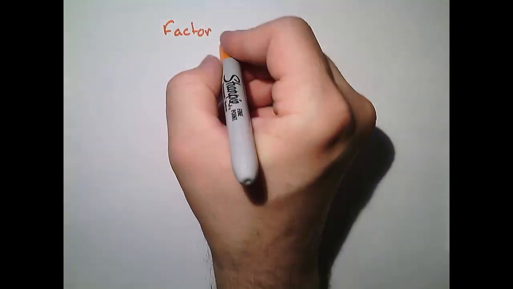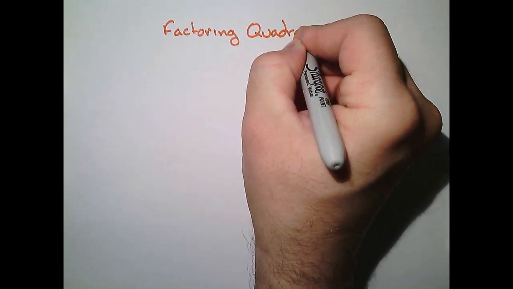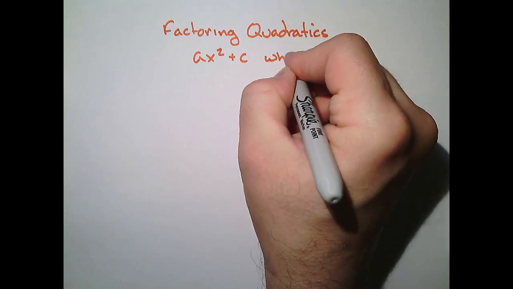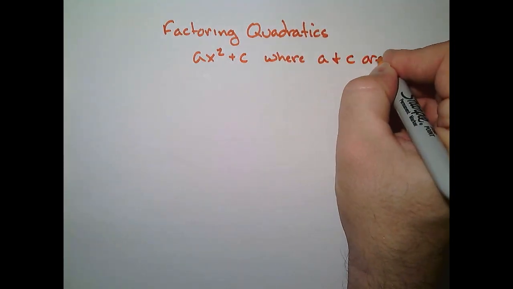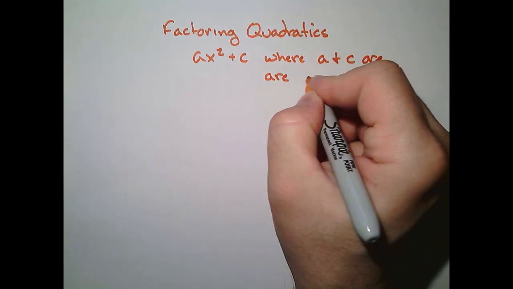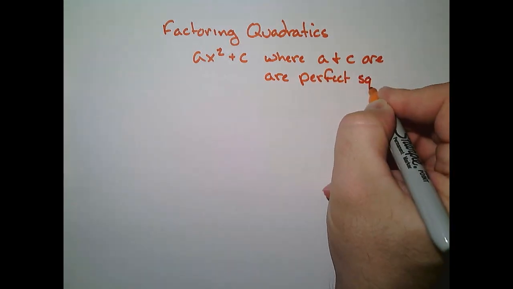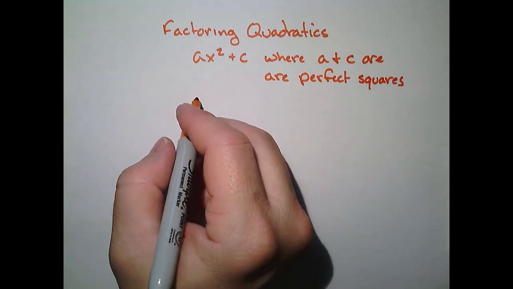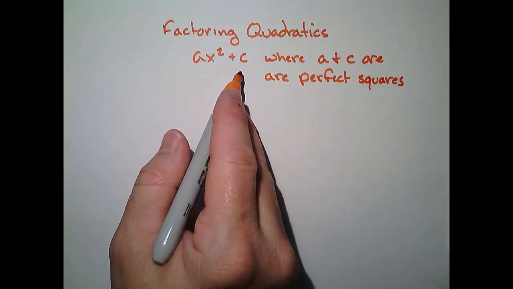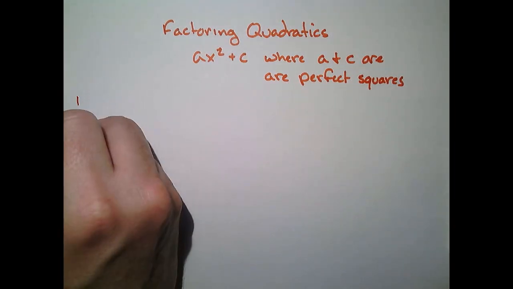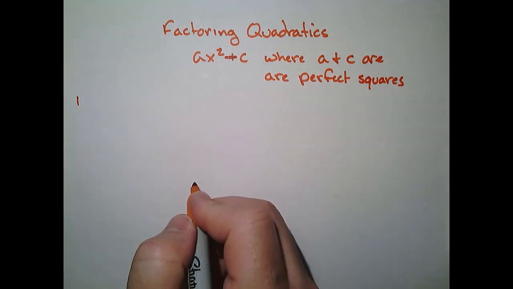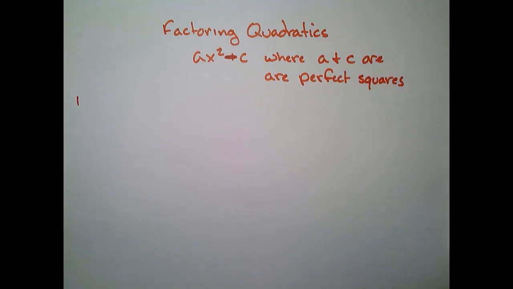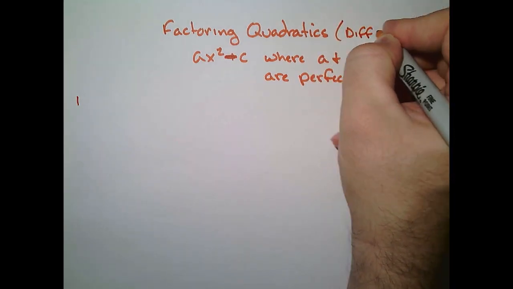Now, our third form that we're going to look at factoring is in the form ax squared minus c, where a and c are perfect squares. So let's take a look at this. So that's going to be in the form of 1, there's my minus. 1 is a perfect square.